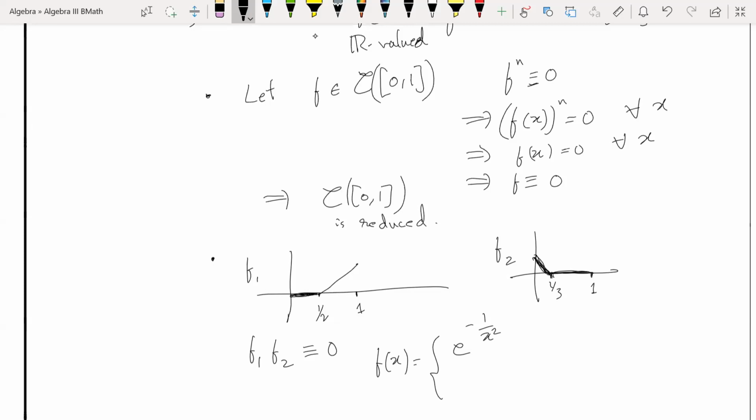So it's 0 in some interval, right? There is some explicit way of doing this. So what is the derivative at x equals 0? It can be defined over here.